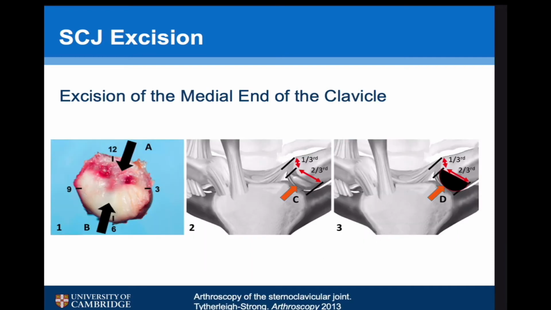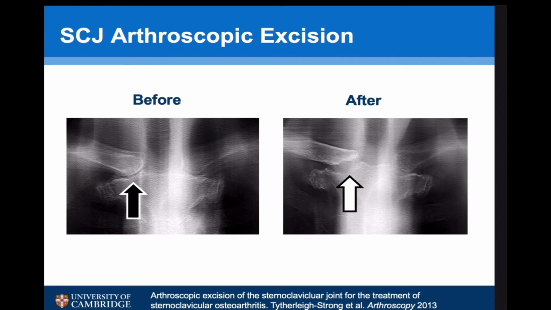However, as I showed you earlier, the actual articular part of the medial end of the clavicle is just the lower 2/3. So it's possible to actually remove this as an intra-articular operation arthroscopically. This is something that we can now do as a day case procedure, and this is the before and after tomogram.